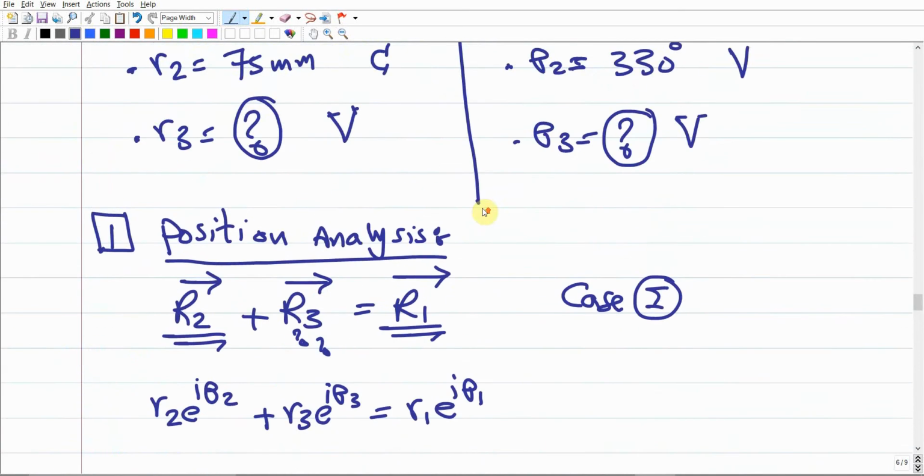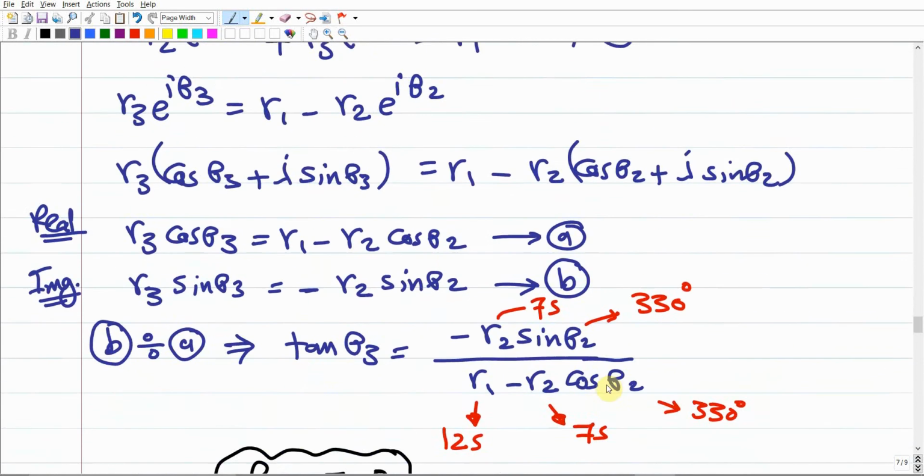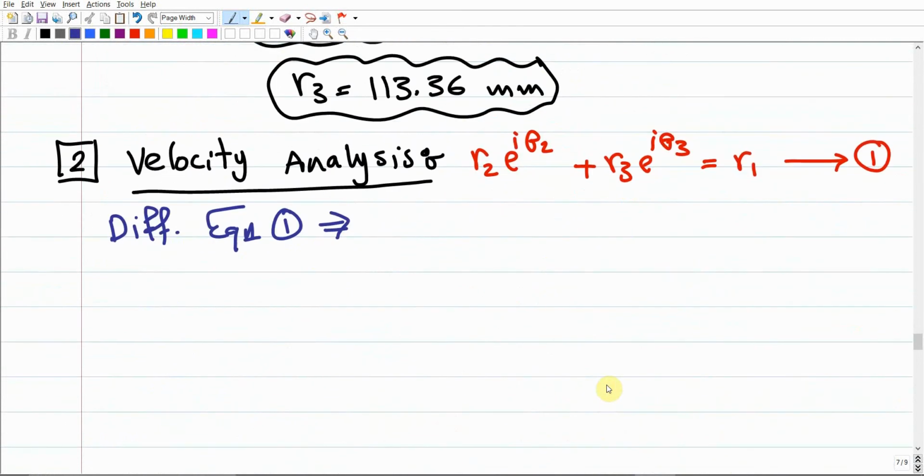Going back to this mechanism, all of these are constants except θ2, θ3 and r3, which are variables. So r2 is constant, θ2 is variable, r3 is variable, θ3 is variable, and r1 is constant. Makes sense?